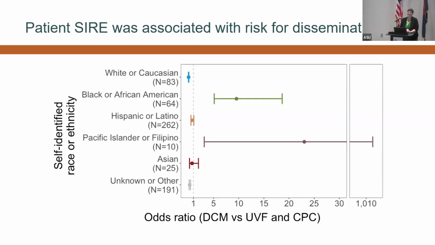You can see here that among the 83 individuals who identified as white or Caucasian, they did have a significantly reduced risk of dissemination relative to anyone who'd identified as something else. And then we were also able to replicate the results in individuals who considered themselves Black or African American and individuals who considered themselves Pacific Islander or Filipino. I would note, though, that we only had 10 individuals who considered themselves Pacific Islander or Filipino, and that's why that odds ratio confidence interval is absolutely massive.